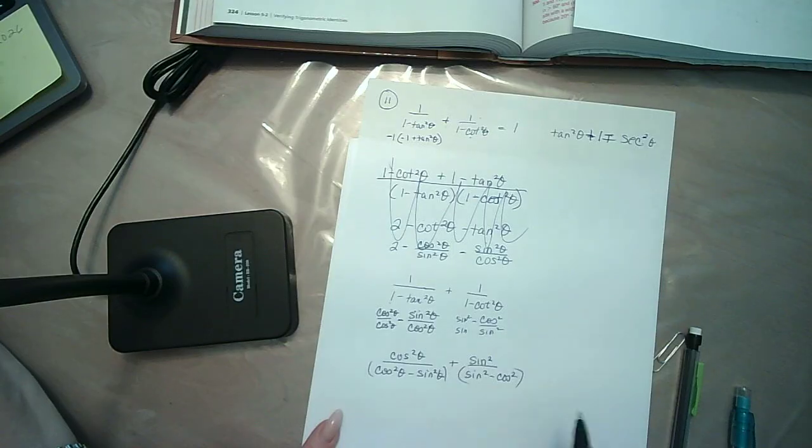If I FOIL this and I multiply them, first is going to give me cosine squared theta sine squared theta. Outer is going to give me minus cosine to the 4th theta. Inner is minus sine 4th theta.